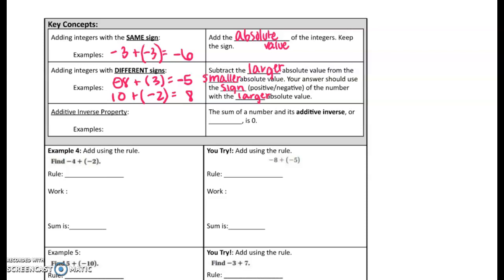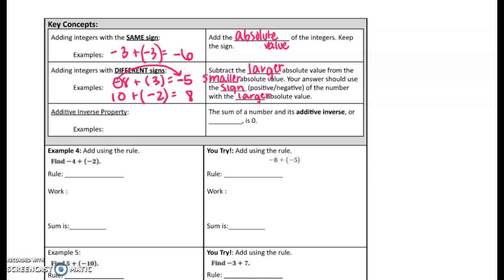Our bigger number is 10, so we keep the sign of 10. On the one above it, the larger absolute value is 8, so 8 is bigger than 3, and since 8 was negative, our answer is negative. 10 is bigger here and 10 is positive, so our answer is positive 8.